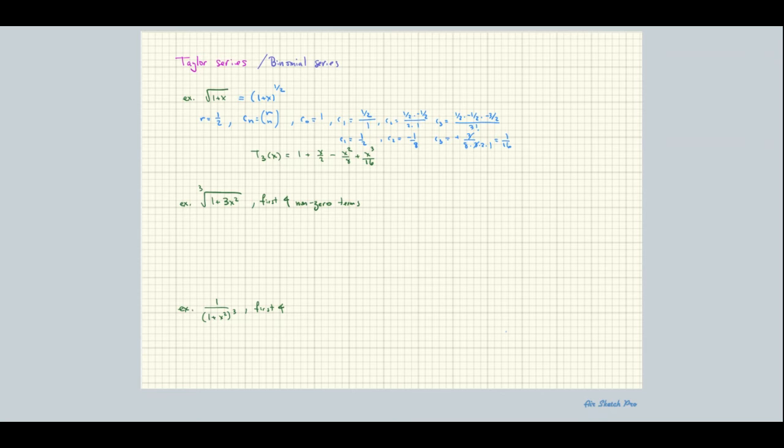I'm going to find the series as if this was the cube root of 1 plus x, and then I'm going to replace the x with 3x squared. That was poorly written, but there it is. That is going to replace the x.